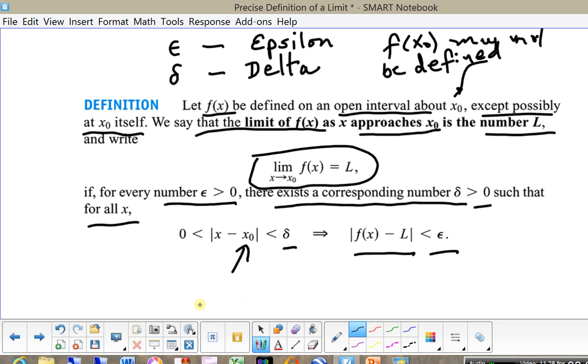In other words, if you get x close enough to x naught, within the delta that you pick, then the difference between f of x and the actual limit is less than the epsilon.